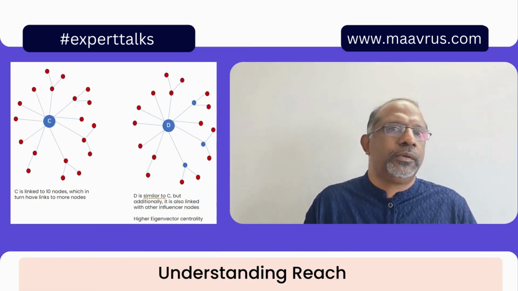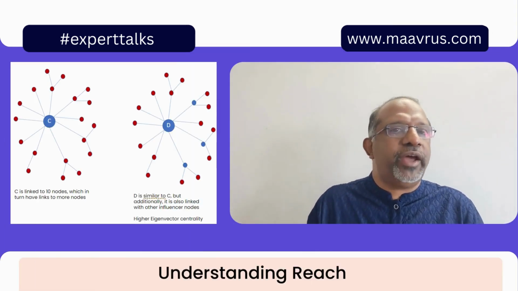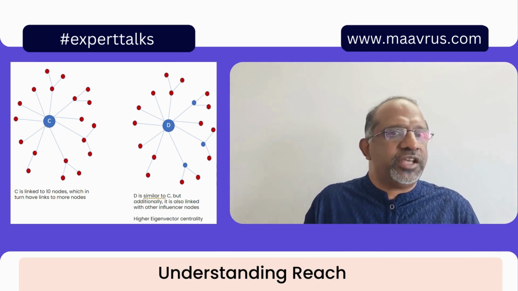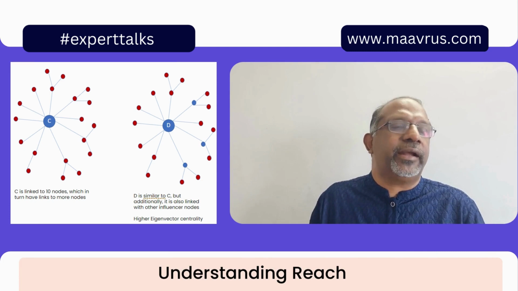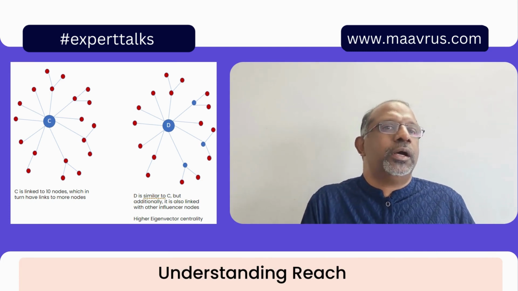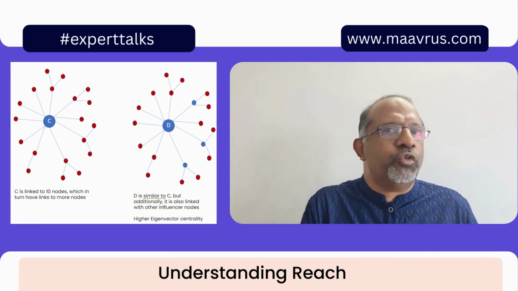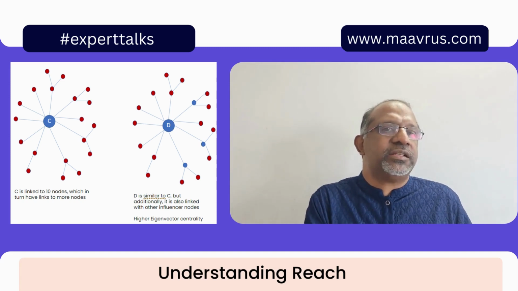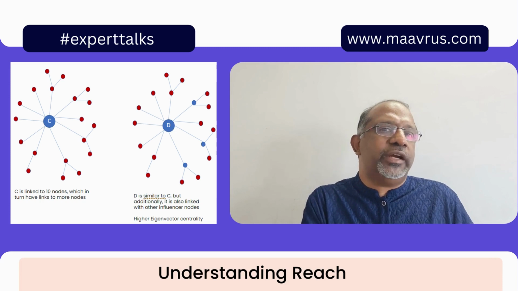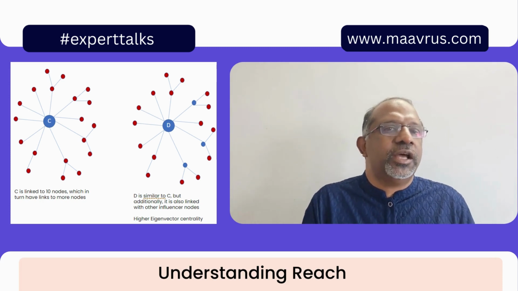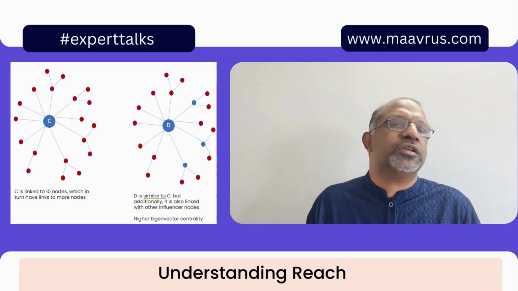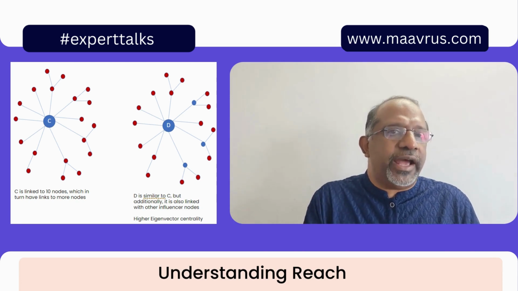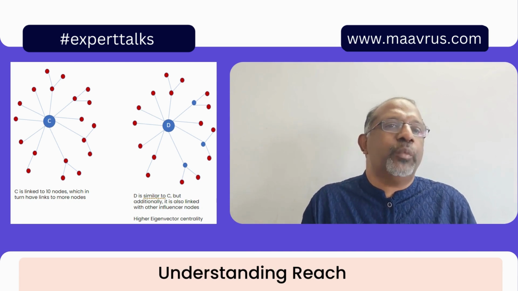So when you look at this slide, you would say that influencer C seems to have a better reach than influencer B. Now let's look at this slide where you're comparing influencer C and influencer D. Both of them have the same level of direct and indirect connects. However, some of the direct connects of influencer D are micro-influencers, and hence the ability of influencer D to send out stronger signals is that much more compared to influencer C. Now, this particular measure is measured as an analytical term called eigenvector.